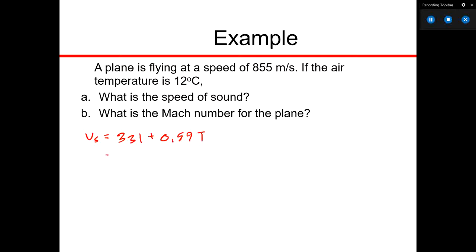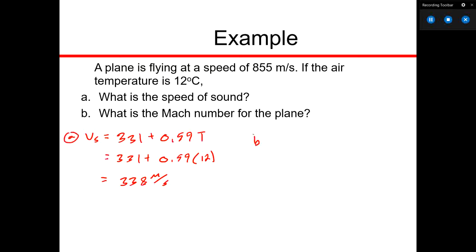So we put in our temperature in degrees Celsius, 331 plus 0.59 times 12, and we get a speed of sound of 338. So at 12 degrees, sound travels 338 meters per second, and that's part A.